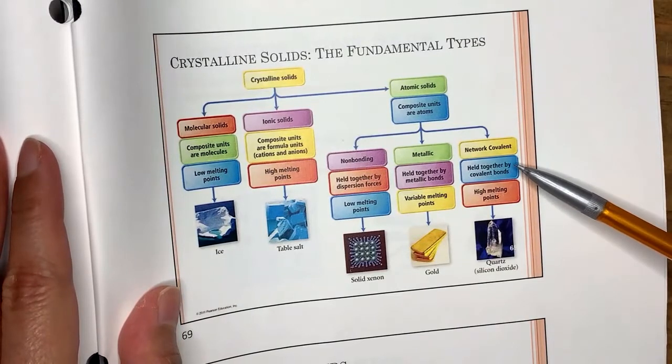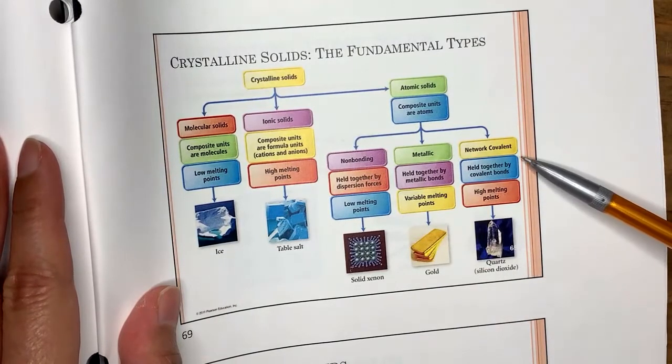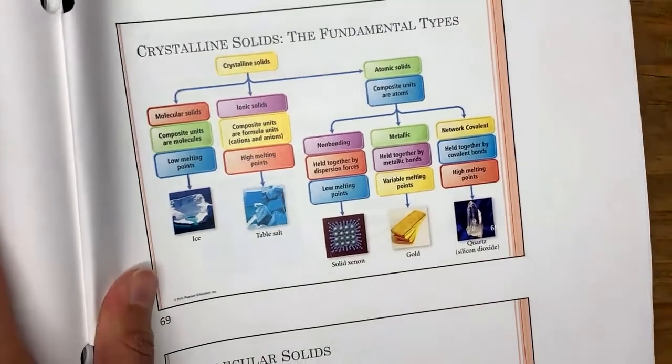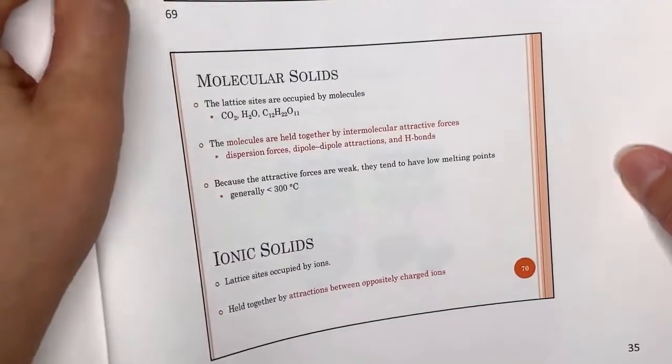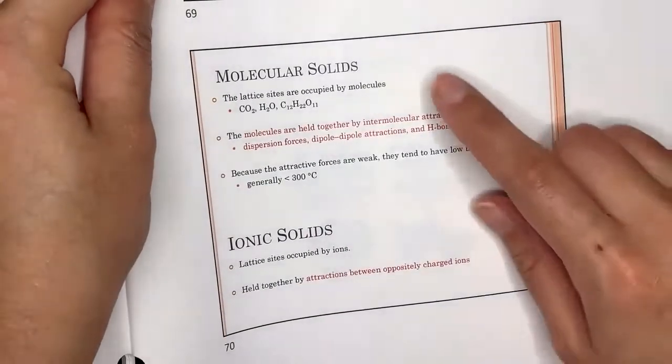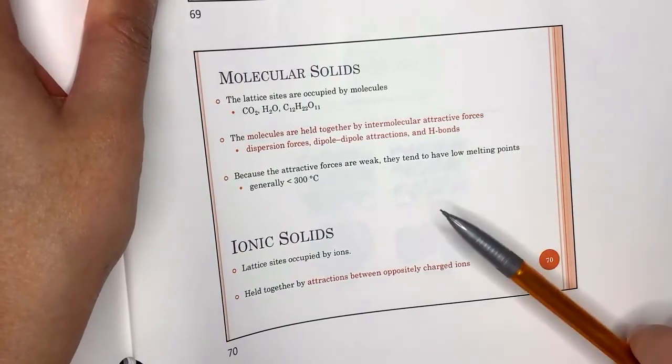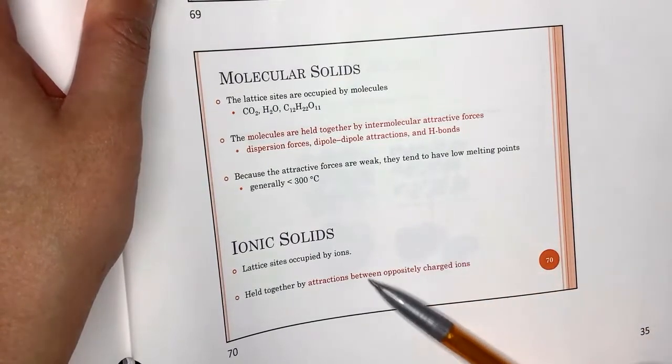So like diamond, in this case, quartz, silicon dioxide, held together by covalent bonds, super high melting point. So all you need to do is be able to rank them by melting points depending on what solids they are. Molecular solids are held by intermolecular forces, remember, generally low melting point. Ionic solids are held together by ions, so it's generally high melting point.